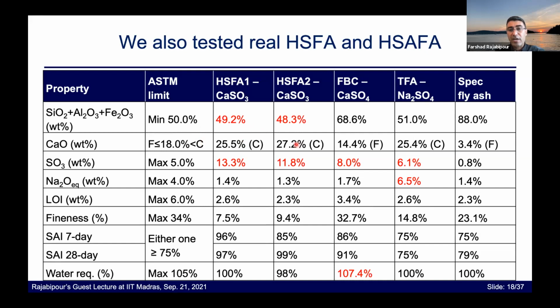Three of these fly ashes classify as class C fly ash based on their calcium oxide content, and 2 classify as class F. We can see the 4 off-spec fly ashes all have a high SO3 content above the 5% limit. The Trona fly ash also has a high alkali content. Other properties are more or less in line with ASTM requirements.